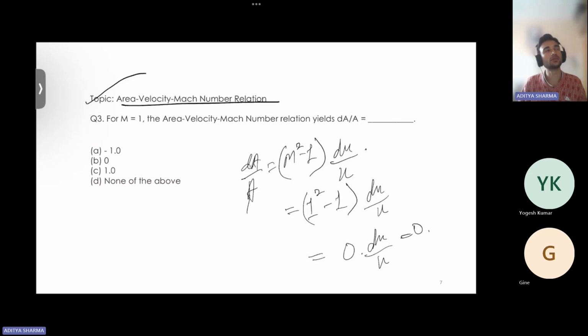So here, these two assignment questions, question number 1 and 3, are based on these topics. They are not exactly related, but in some way they are related in terms of the topic on which they are based.